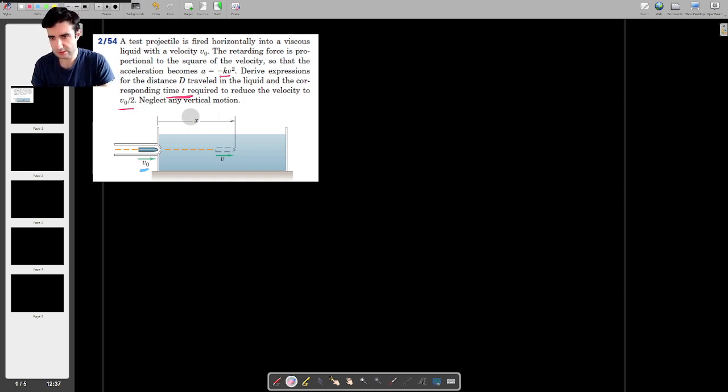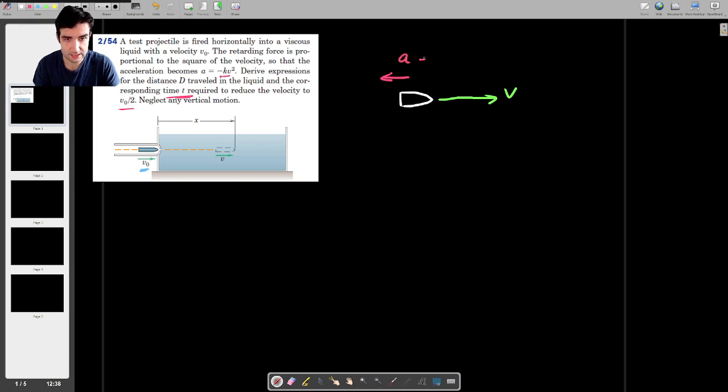So let's try to understand what's actually happening here. We have, at an arbitrary position in this liquid, the bullet, and at this particular moment, the bullet is going to have a velocity v, and it will have a deceleration, which is opposite to the direction of velocity, right?